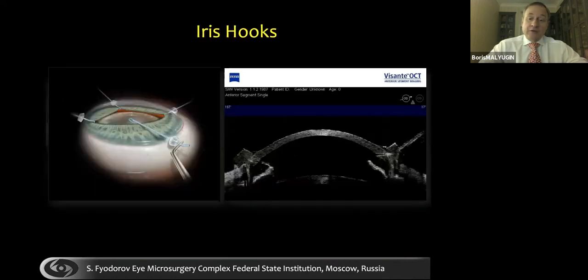We have to keep in mind that we must not overstretch or overexpand the pupil, because at the final moments of this expansion, as shown on this cross-sectional image with OCT, the iris is lifting above the plane of the anterior lens capsule, and with that you may have difficulties introducing instruments into the anterior chamber.